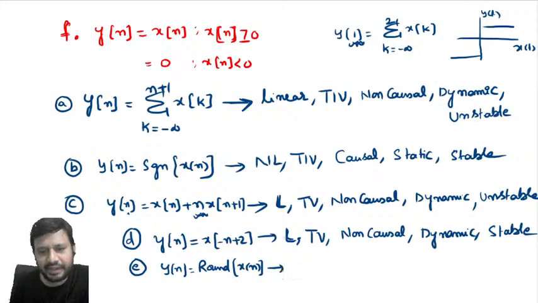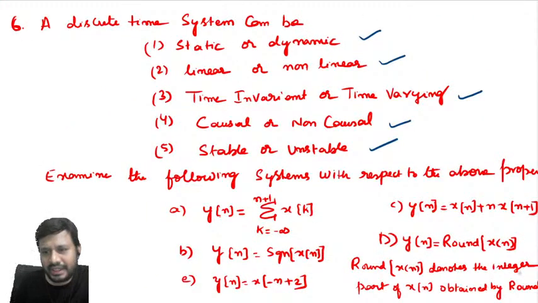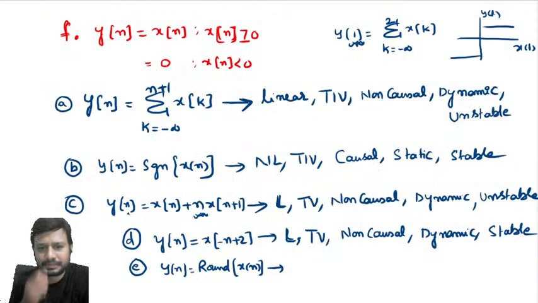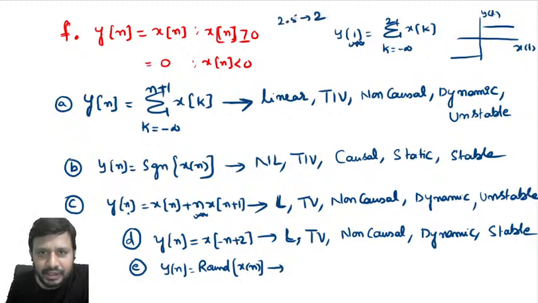He has given the definition for round. Suppose if you have 2.5 means 2 integer part. Suppose 3.6 is there, 3 it is rounded off to. That is what he means to say.